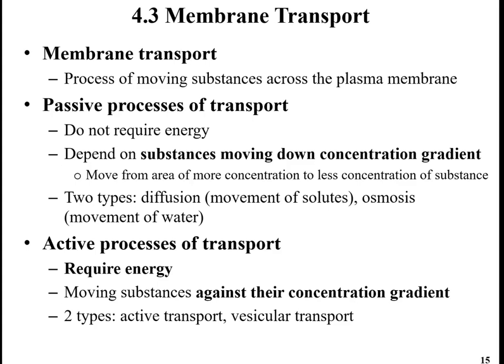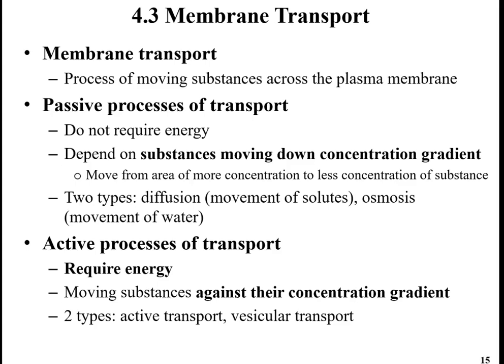Okay, so membrane transport is the process of moving substances across the plasma membrane. We'll talk here about passive processes of transport first. Remember, these do not require energy and instead depend on substances moving down their concentration gradient. There's two types.